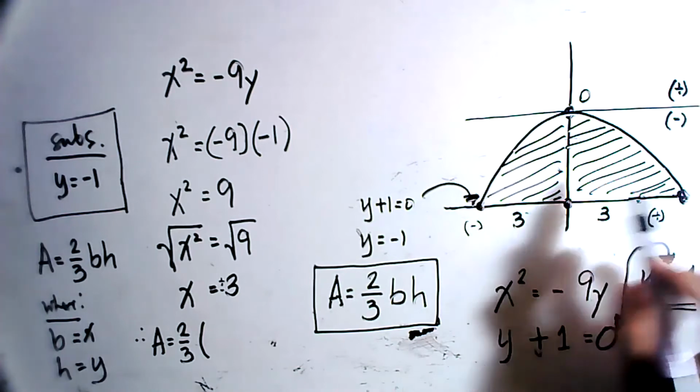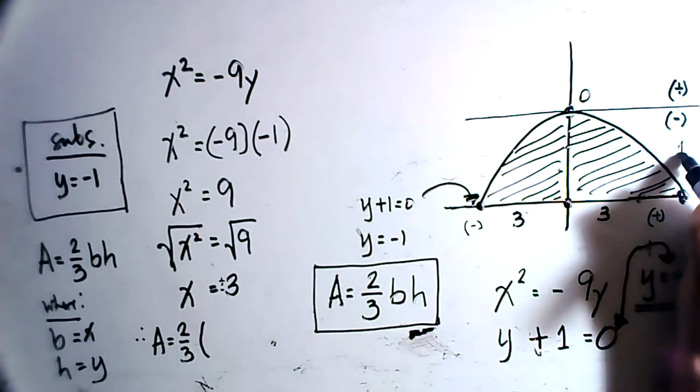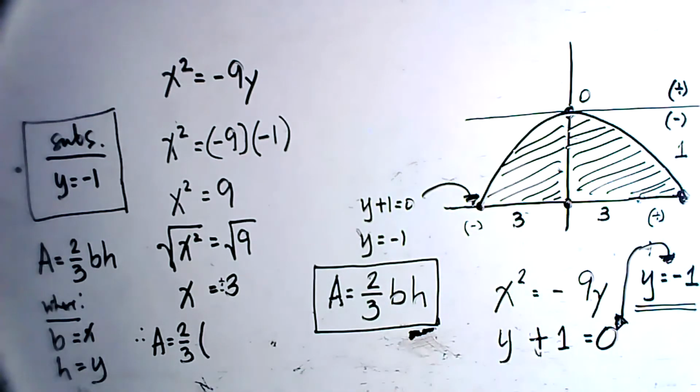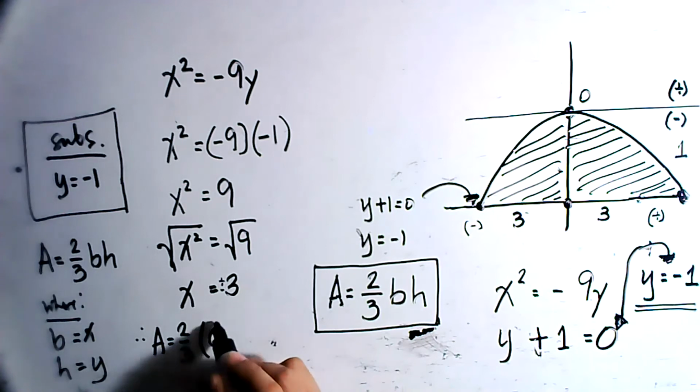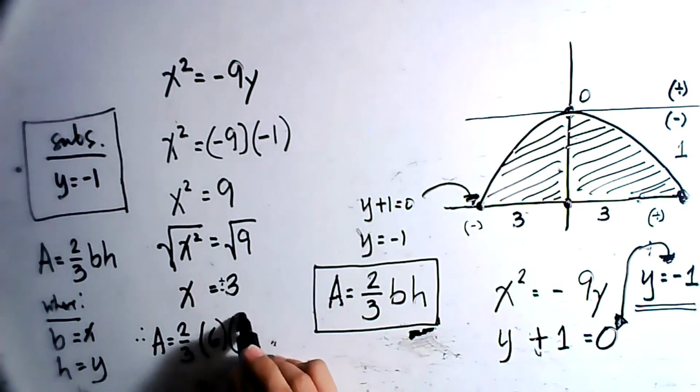So the height is 1 unit. So the base will be equal to 6 and the height will be equal to 1.